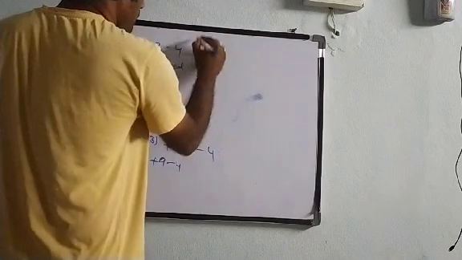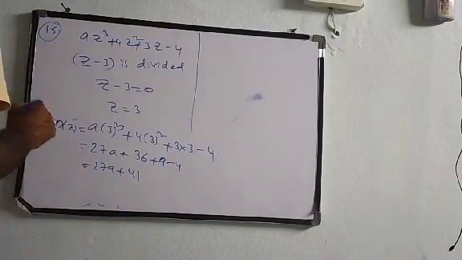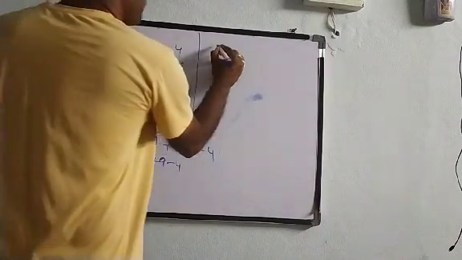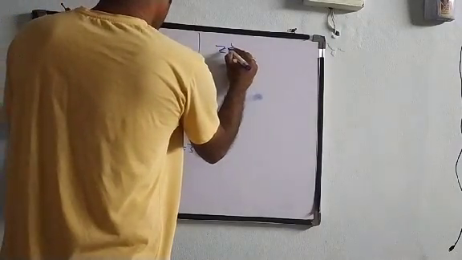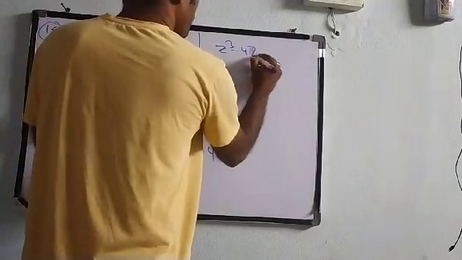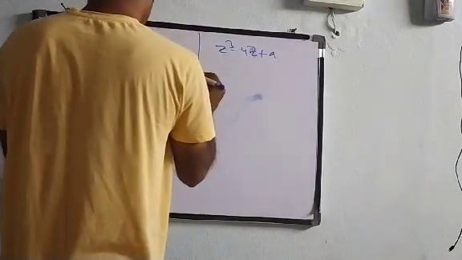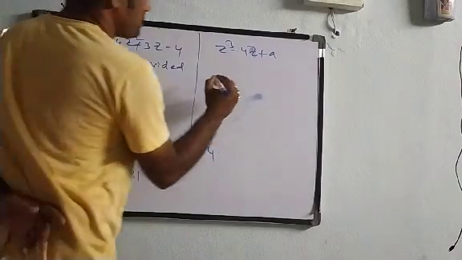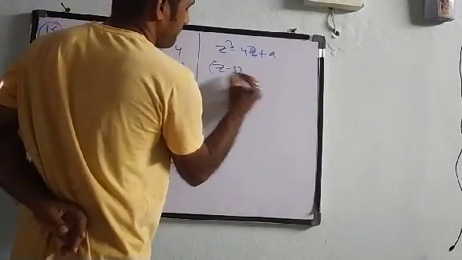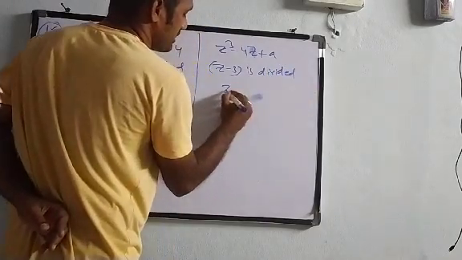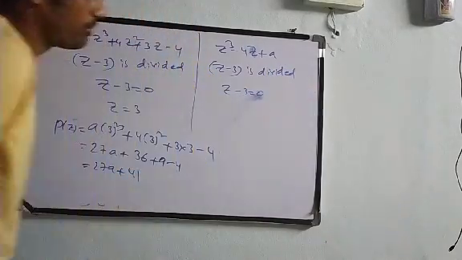Next, there is also another polynomial: z cube minus 4z plus a. It is also divisible by z minus 3. So we can write z minus 3 is equal to 0.